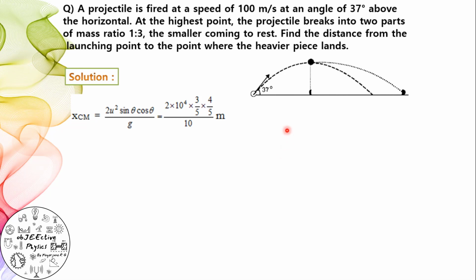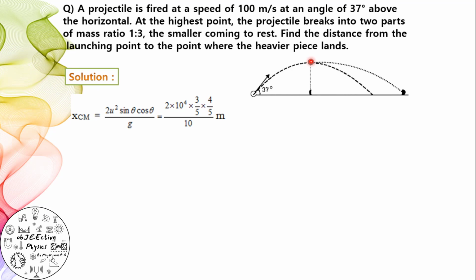Here, see, a projectile is fired at a speed of 100 meters per second at an angle of 37 degrees with the horizontal. So it travels up to the highest point. Observe the red color spot in the diagram.